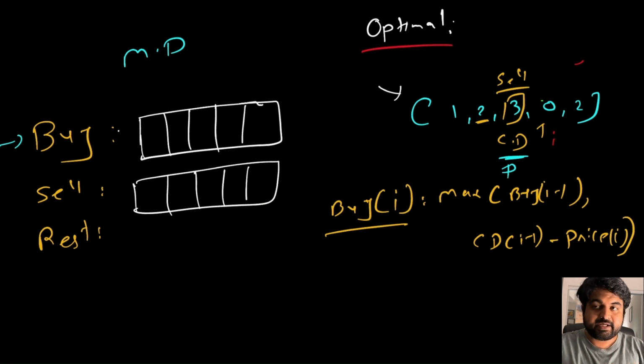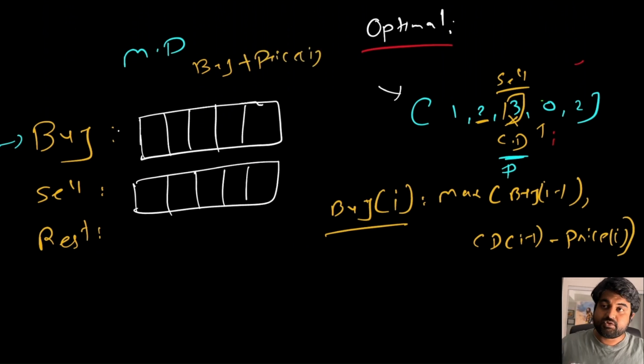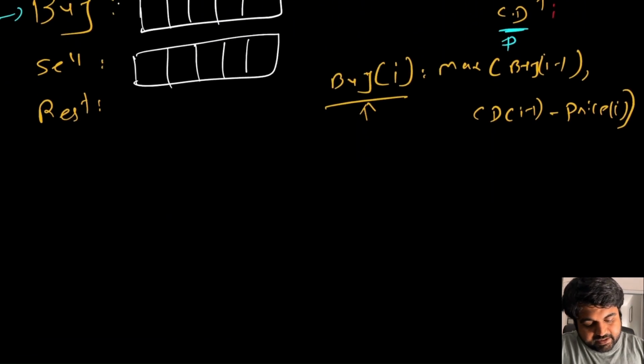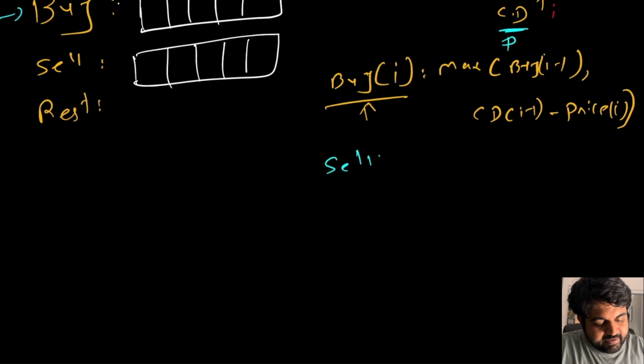If I sold yesterday and made more profit, it does not make sense to sell today. And we also compare with the buy profit we made yesterday: if I bought yesterday, the maximum profit I was making plus the price of the current day. Same way as for buy, we can make another equation for sell, where we are comparing the maximum of the two values.